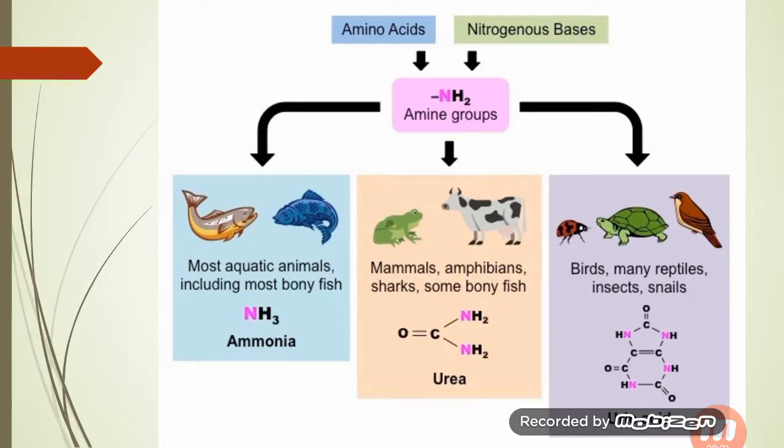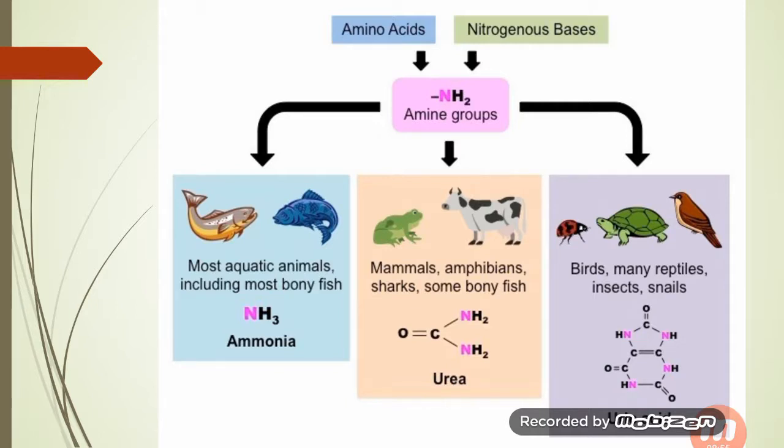So in the diagram you can see the amino acids and the nitrogenous bases. Ammonia, urea and uric acid contain the amine groups, that is NH2. Most aquatic animals, including most bony fishes, excrete large amounts of dilute urine, and ammonia is released from their bodies.